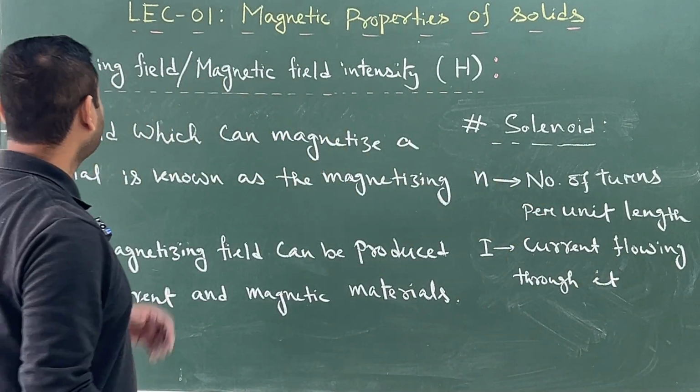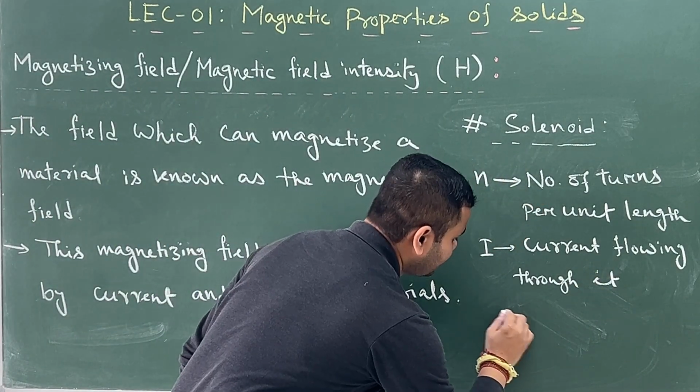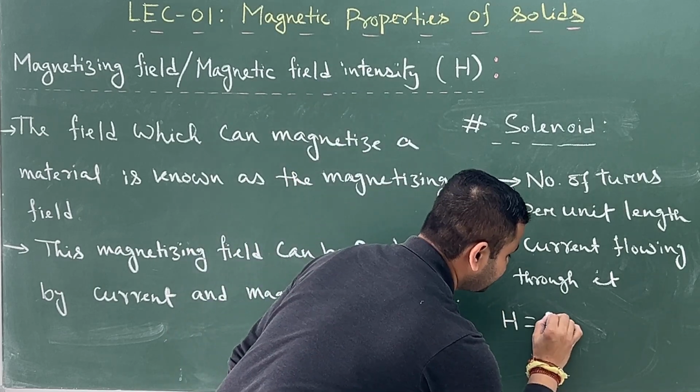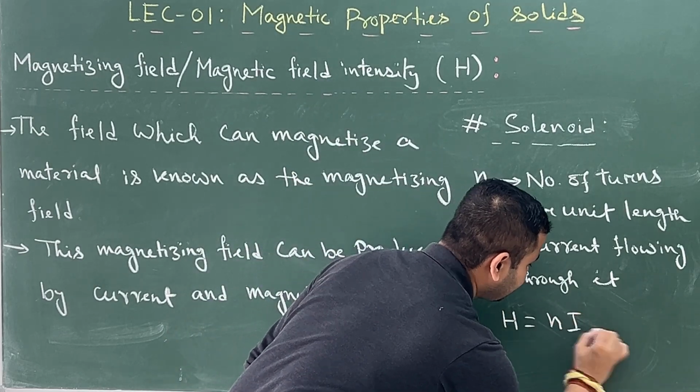Then the value of magnetizing field for this solenoid will be H equal to small n into capital I.